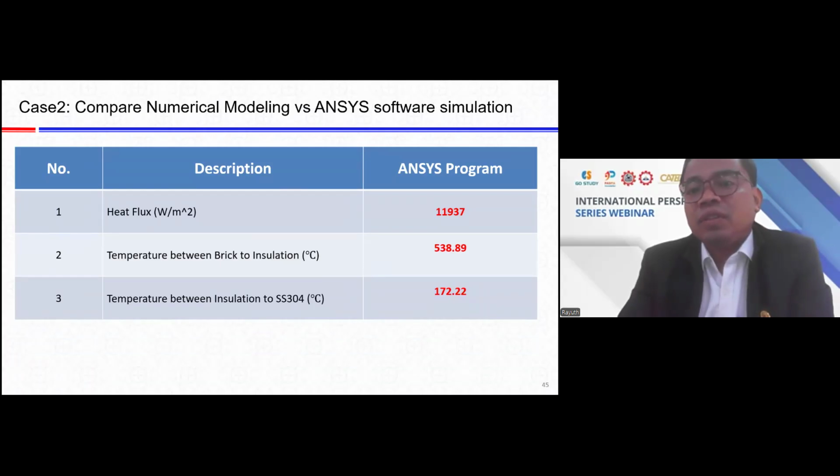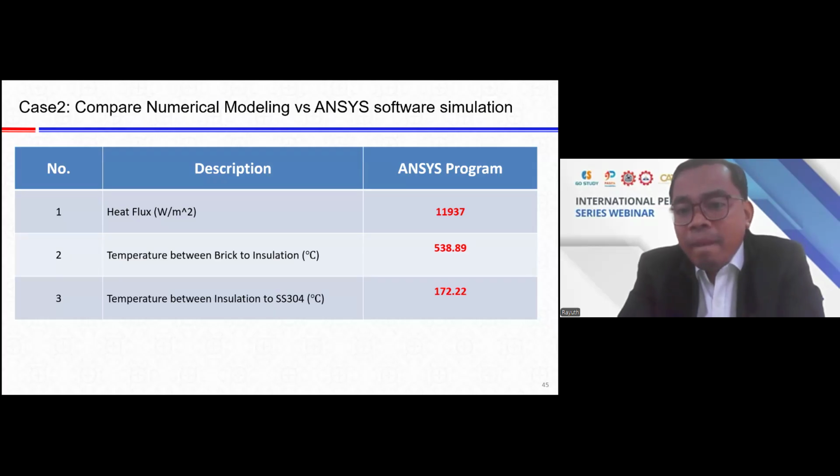The heat flux value is 11,900.37, the temperature between fabric and insulation is 538.89, and the temperature between insulation and the stainless steel 304 is 172.22.